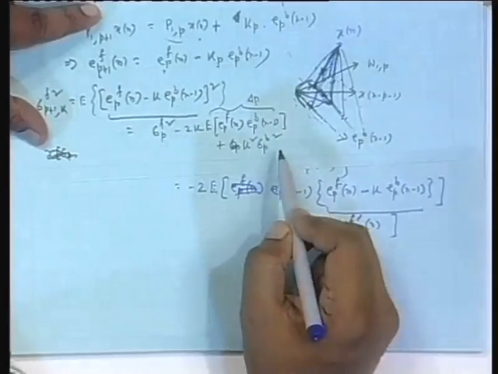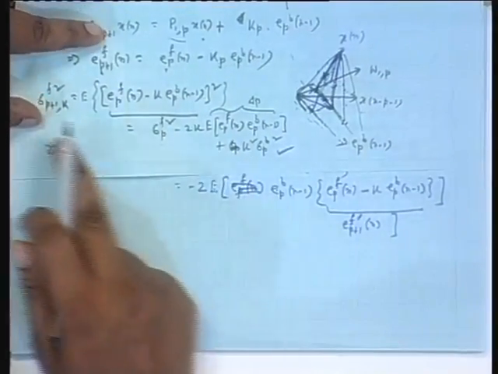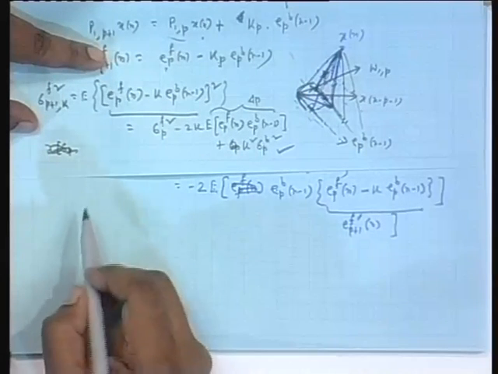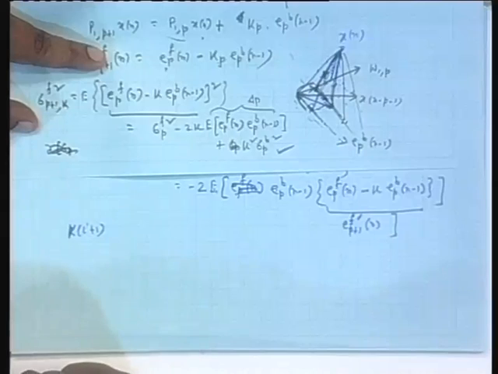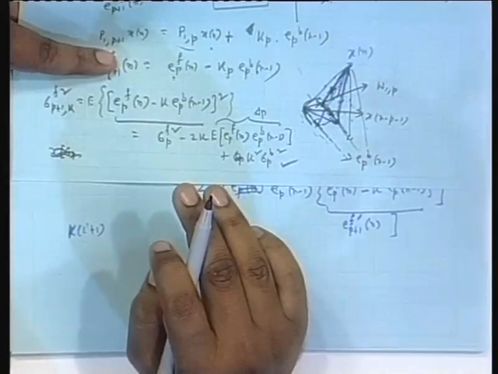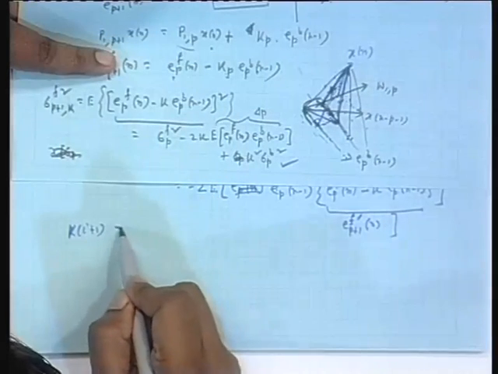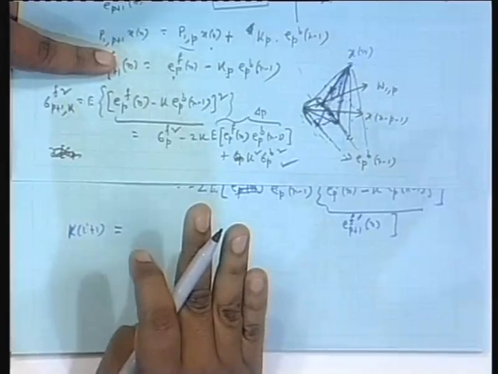For the time being, again I can switch over to this because I do not need this at this moment. From here, I can then derive one simple steepest descent equation as k i plus 1 as what? This is offline, mind you, this is not real time, offline.